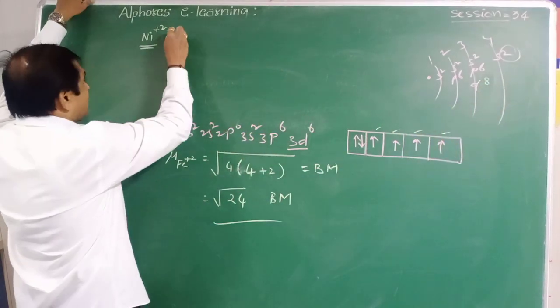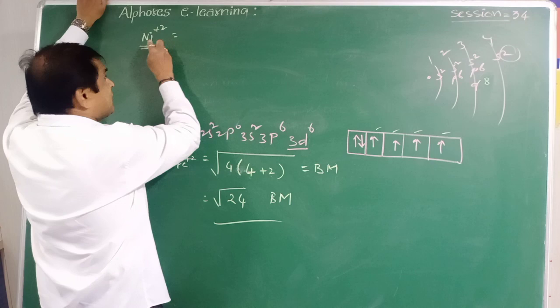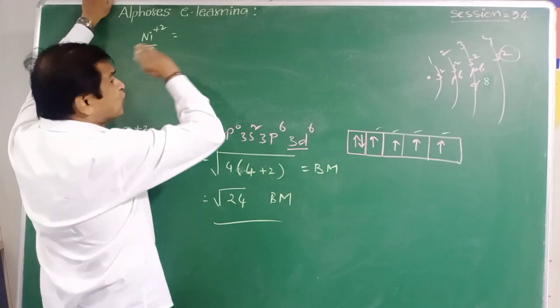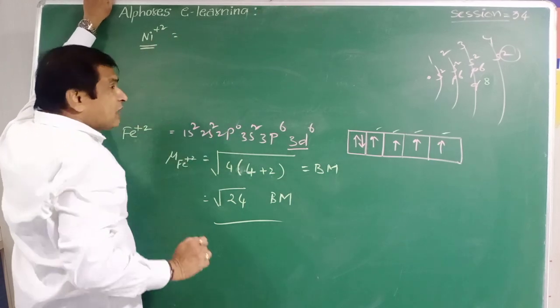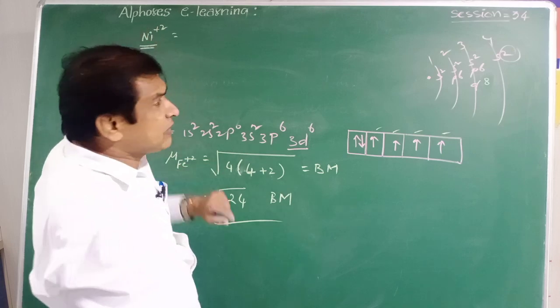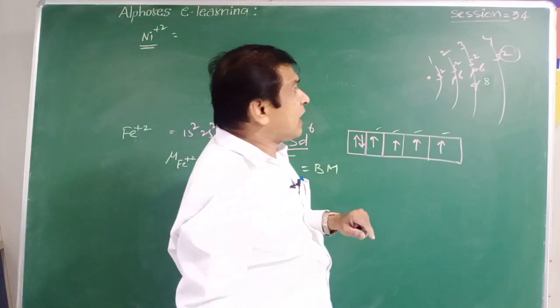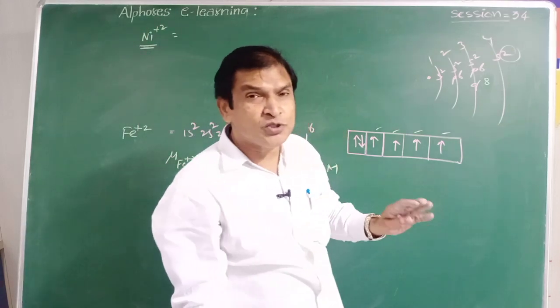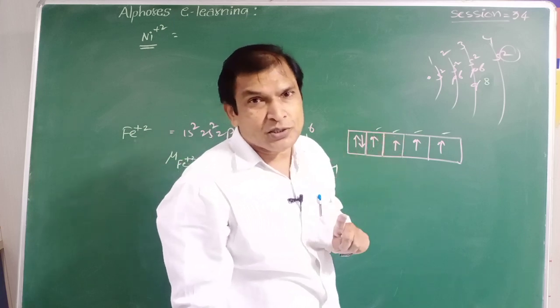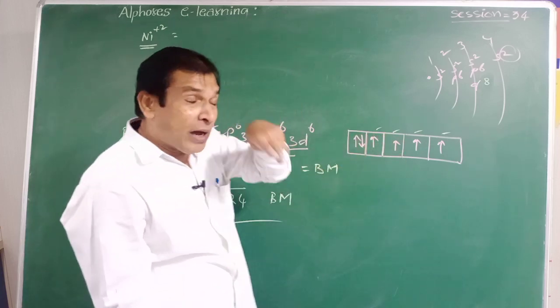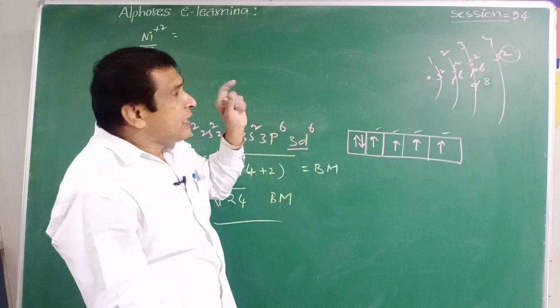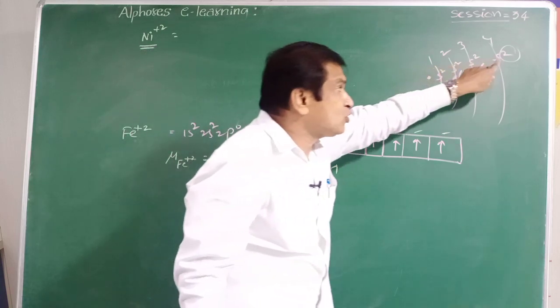Since it is a plus 2 ion, it has lost 2 electrons from the outermost orbital.